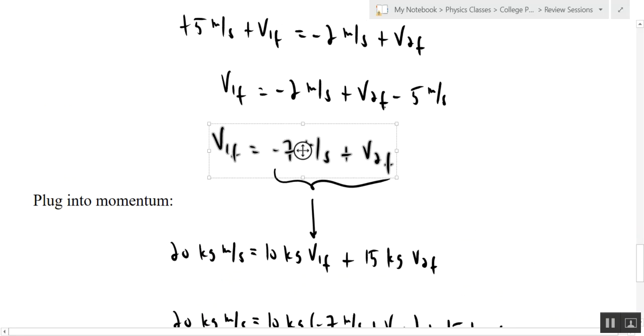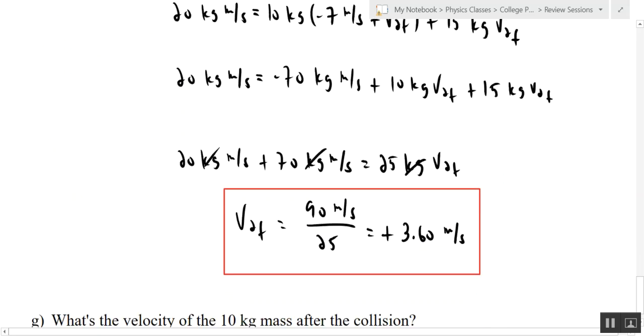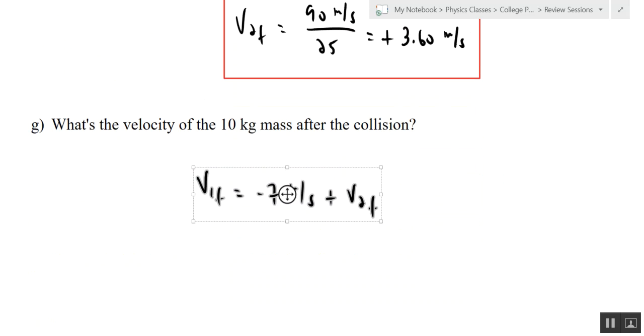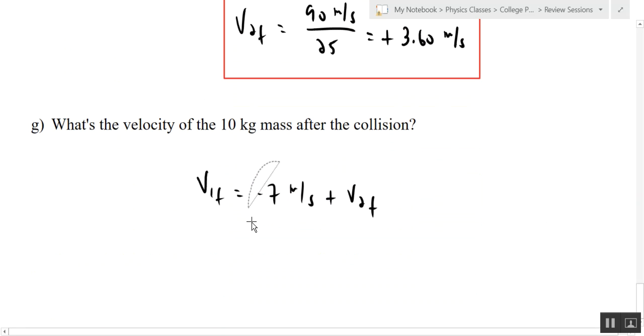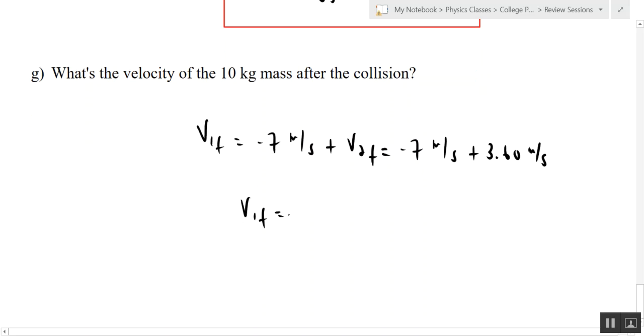One of the steps we did, we wrote V1F is equal to -7 plus V2F. So it's pretty straightforward. If you figured out what V2F is, which is 3.6, then it's one step to figure out what V1F is. So this is -3.40, meaning that mass 1 is moving at 3.40 meters per second in the negative x direction after they collide.